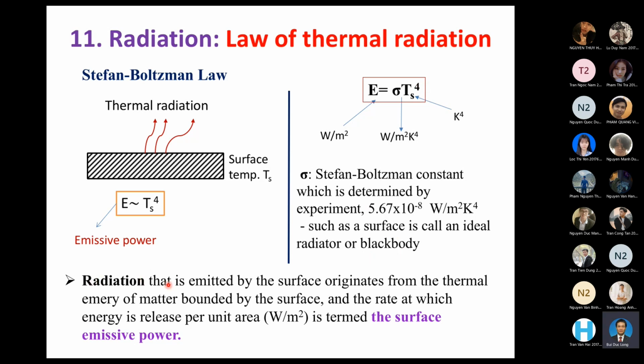Radiation emitted by the surface originates from the thermal energy of matter bounded by the surface, and the rate at which energy is released per unit area is in watt per square meter.